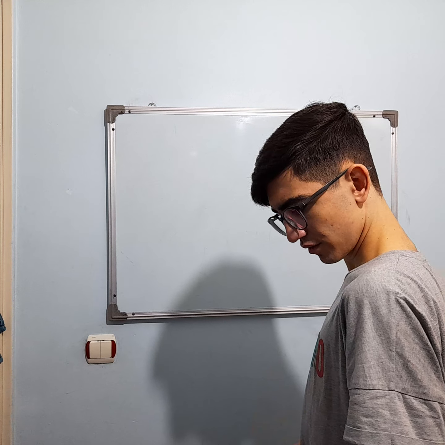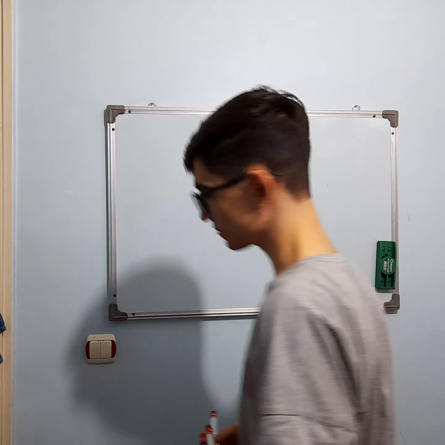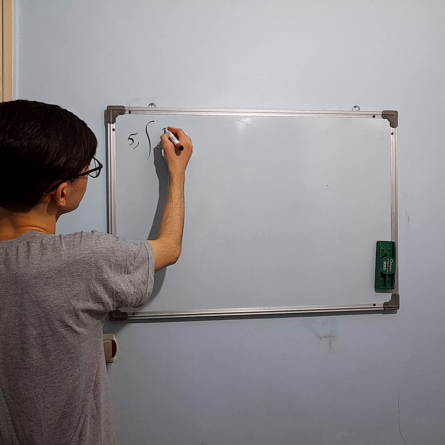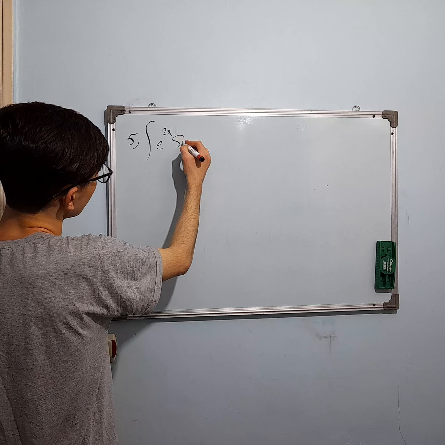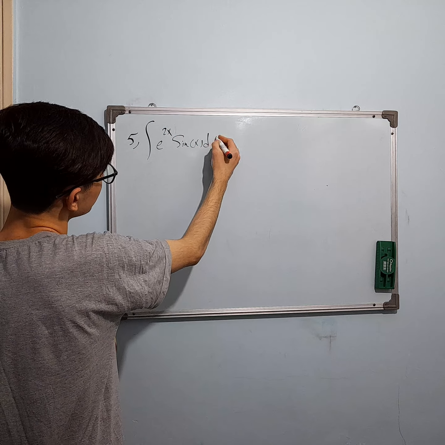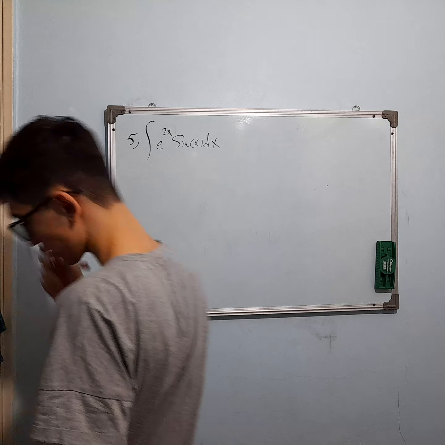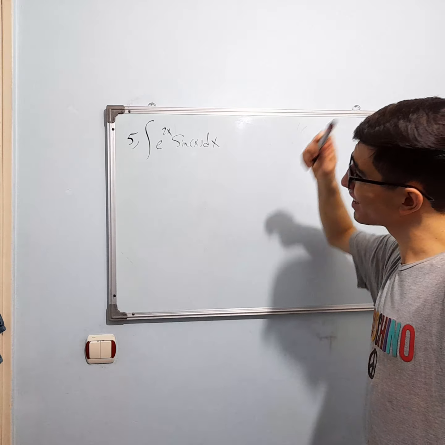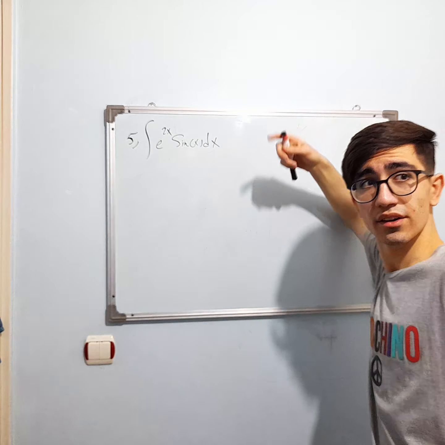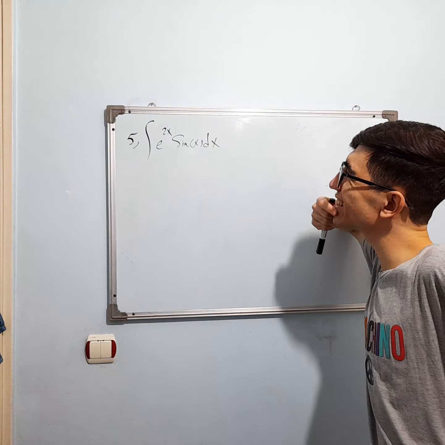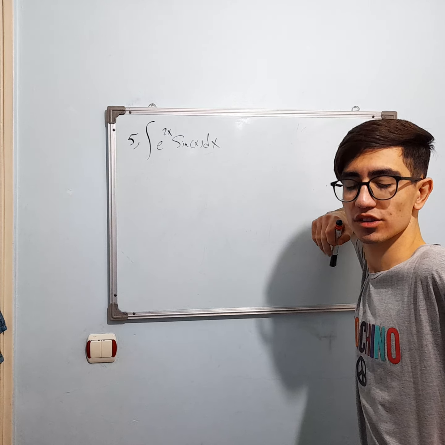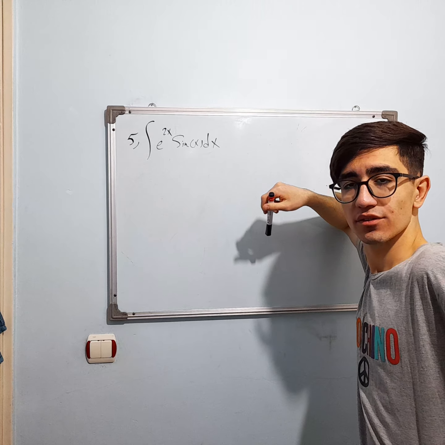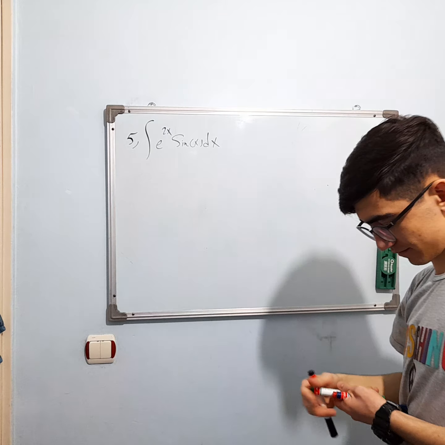So the fifth integral, the great, interesting one: the integral of e to the 2x sine x dx. Yeah, it's correct. The only way we can use here is integration by parts, and we should know that it's a repetitive integral.